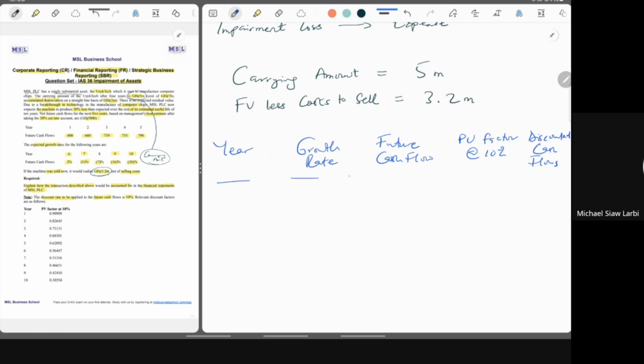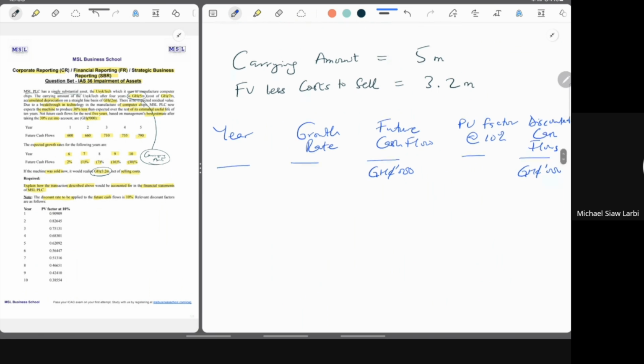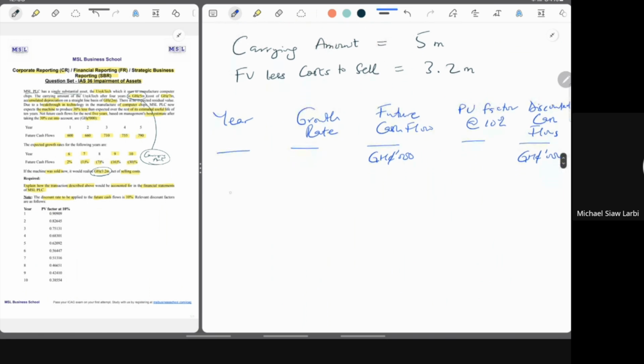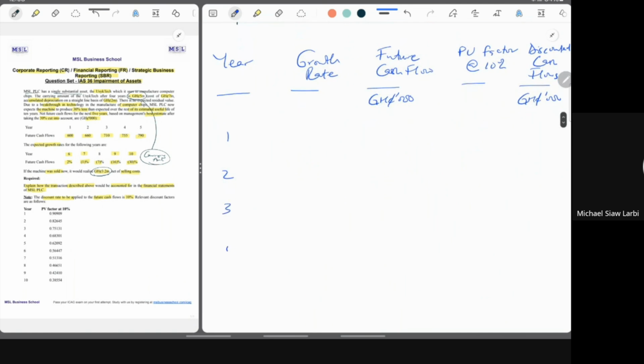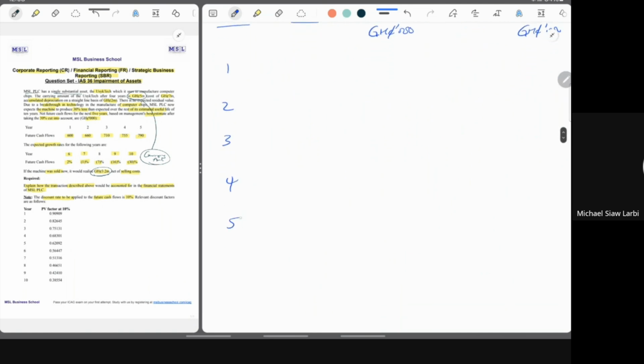So this is the information we have. And let's do some justice to this. Don't forget that all figures are in thousands of Ghana cedi. So 1,000 and 1,000. Okay, so we have 10 years here. So year 1, year 2, 3, 4, 5, 6, 7, 8, 9, and 10. Right. Okay.